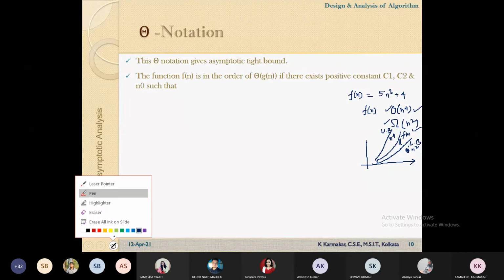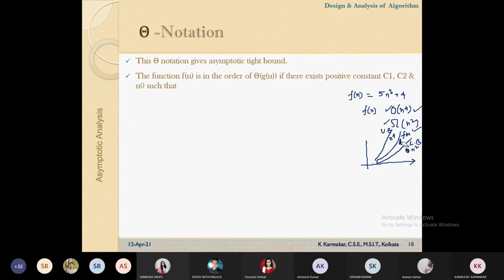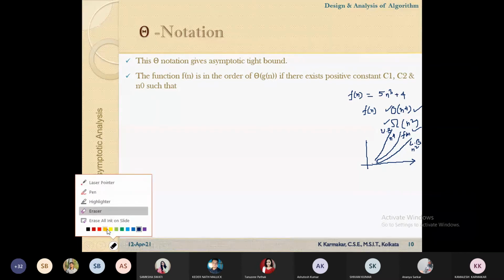So there is a huge gap. You understand that there's a huge gap between these. In the case of the given function, there's a huge gap because the growth rate of n to the power 4 and the growth rate of n square are hugely different.